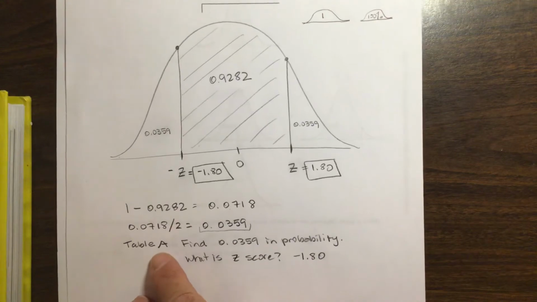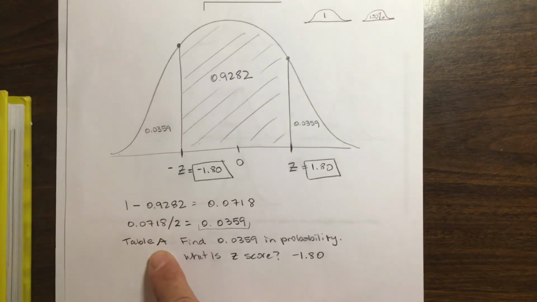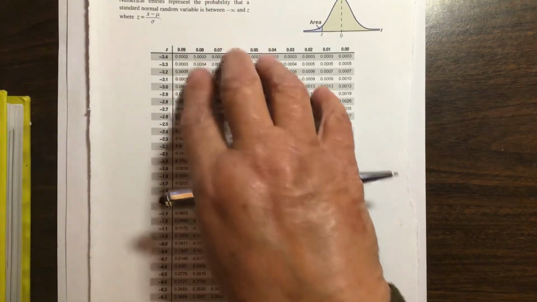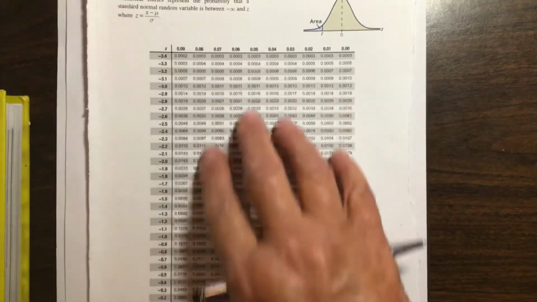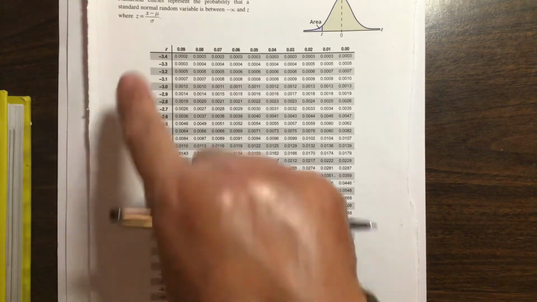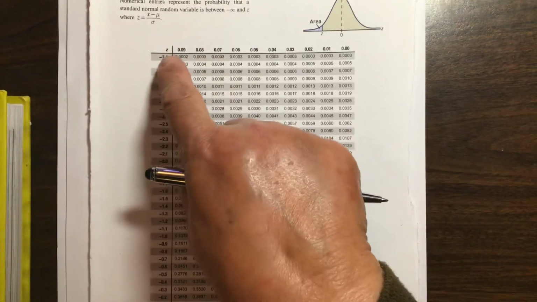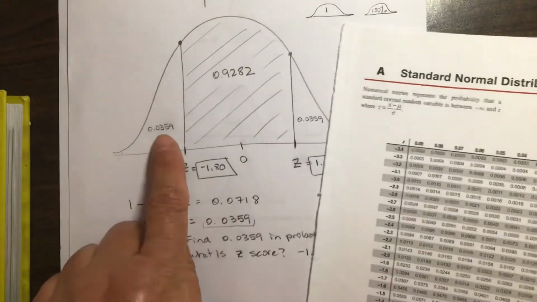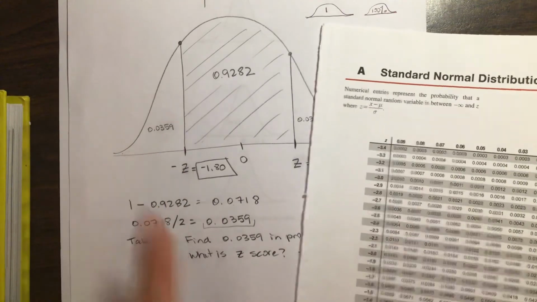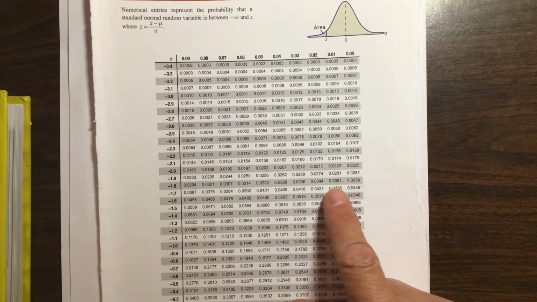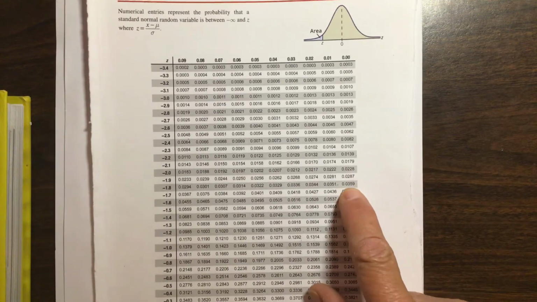I used table A, and remember that all these little numbers inside the table are your probabilities or your area under the curve. These on the side and across the top are your z-scores. So this time we're given the area, 0.359, and we're looking for that, and there it is exactly.